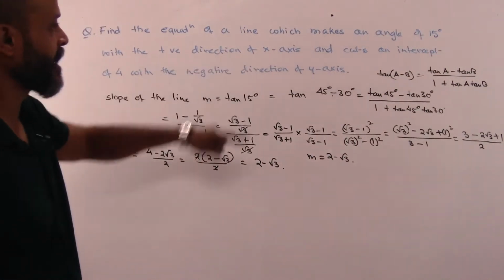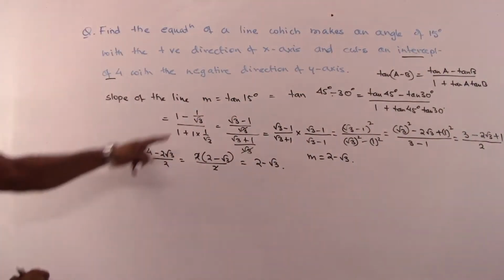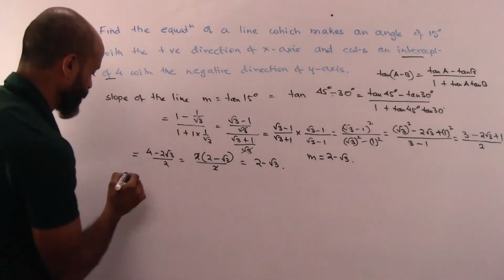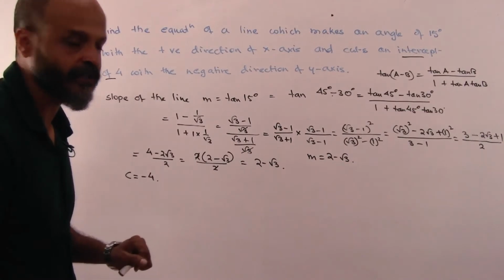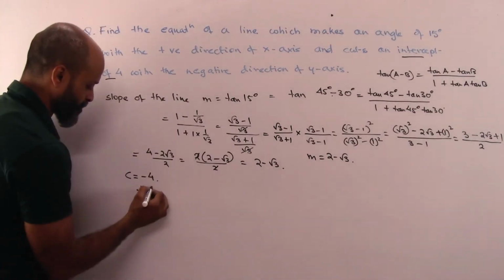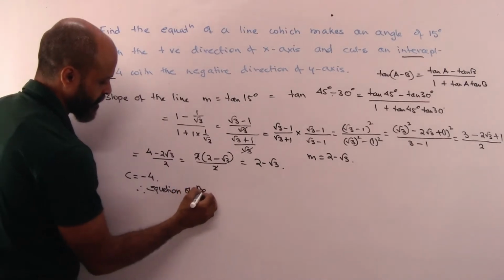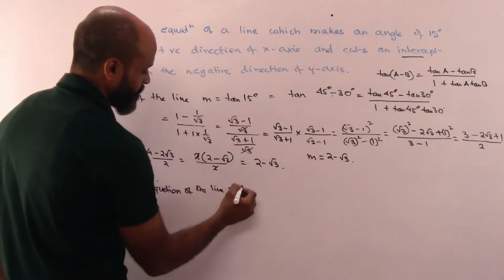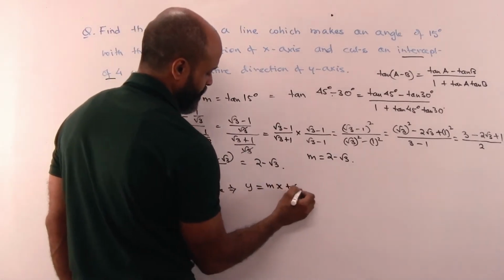Now this cuts an intercept of 4 with the negative direction of y-axis. So obviously the value of c will be minus 4. Therefore the equation of the line is y equals mx plus c.